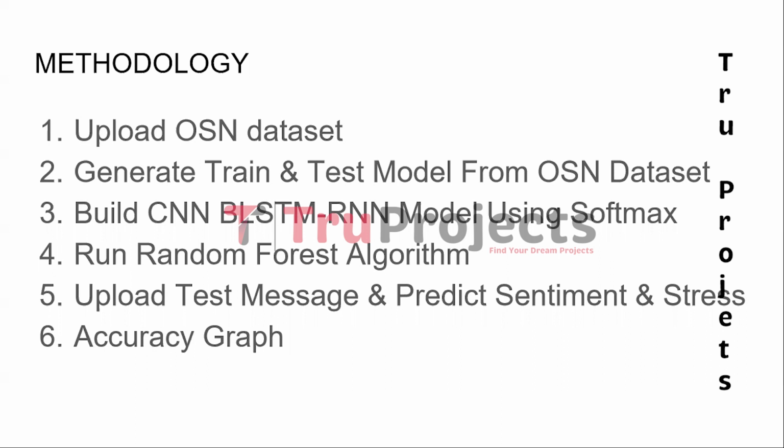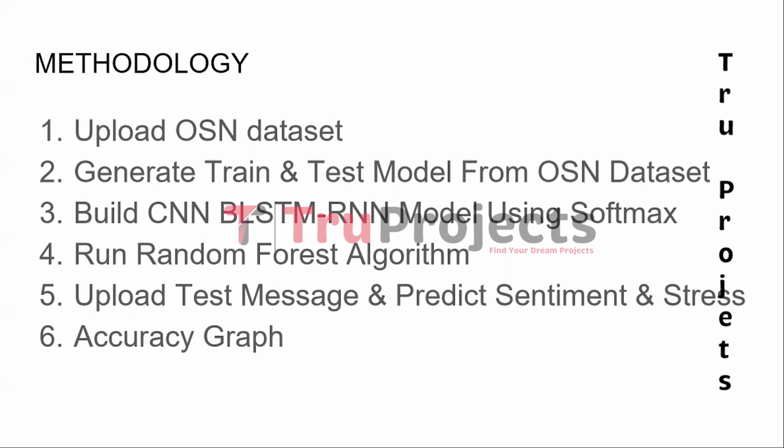And the third module is build a CNN, BLSTM, RNN model using softmax. In this module, a deep learning model called CNN, BLSTM, RNN is built using the train model from the OSN dataset. The model is trained to predict the sentiment and mental condition of users based on their messages.